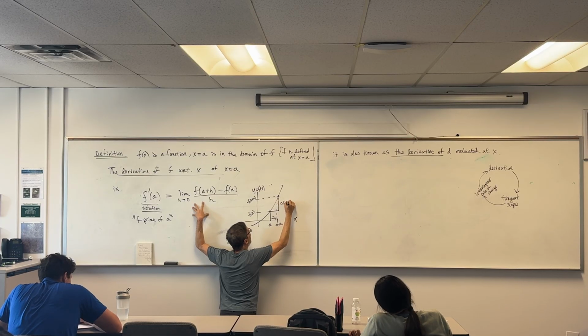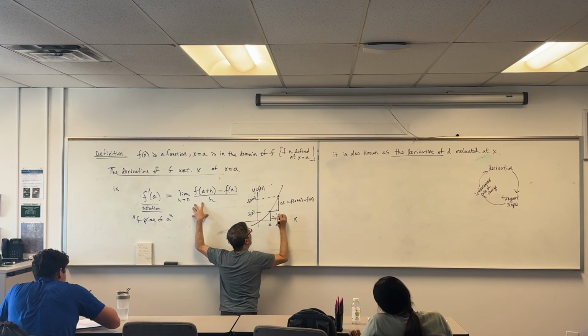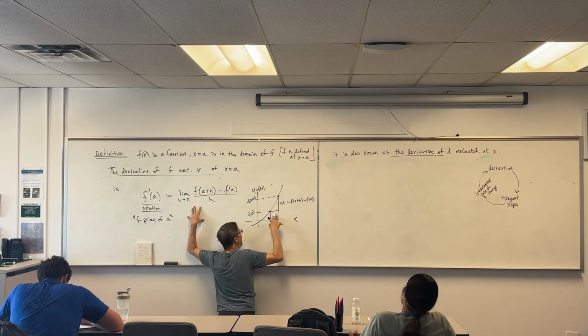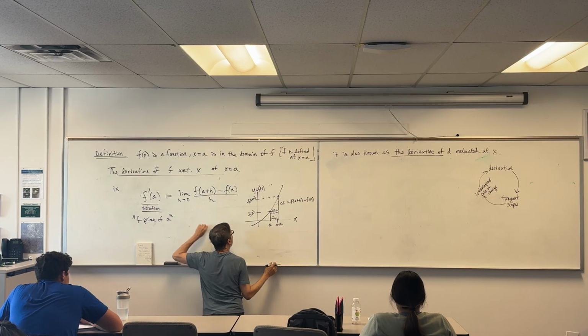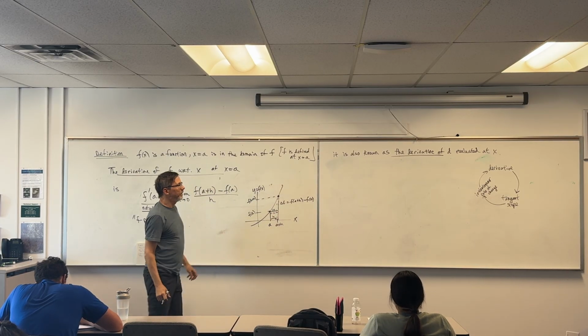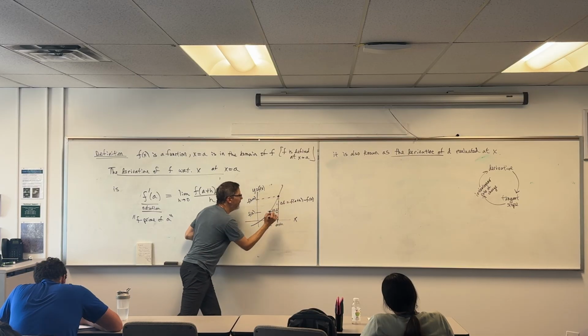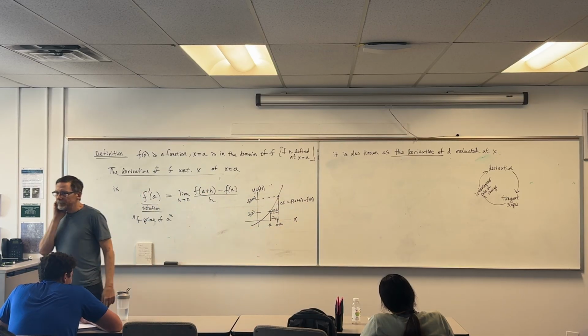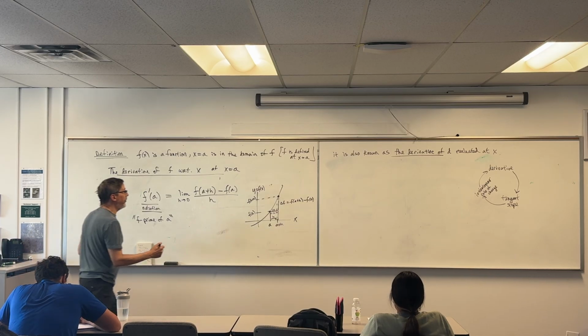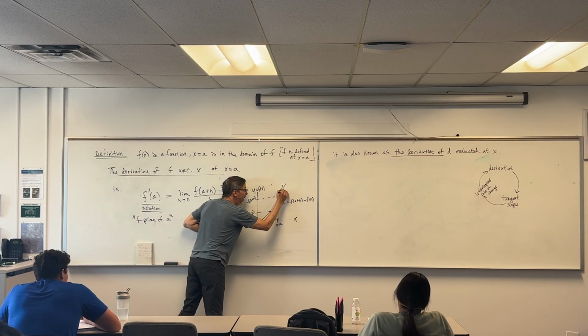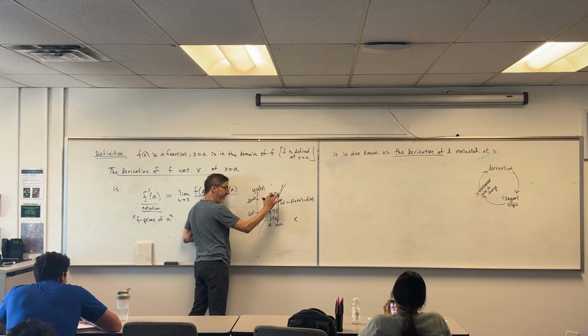So that's delta f, which is f of a plus h minus f of a, over delta x, the input. So this is just h. Put a little right triangle there. And as those two smush together, the secant line becomes the tangent line.